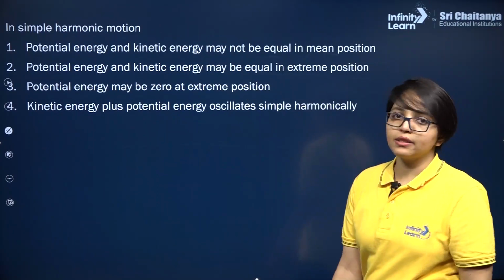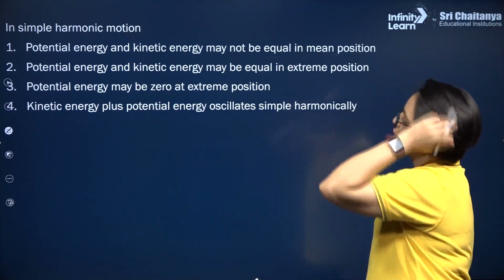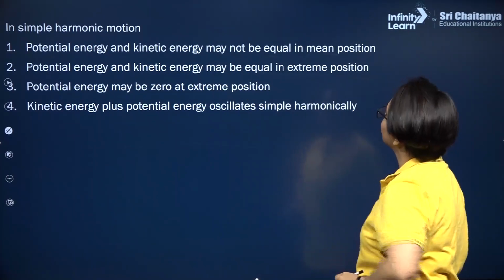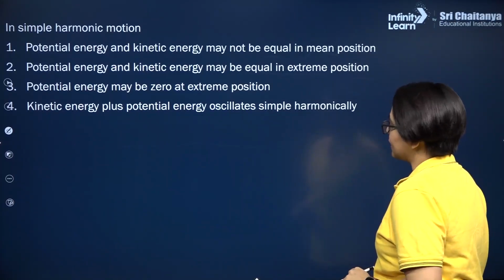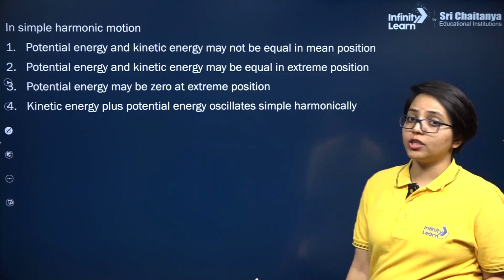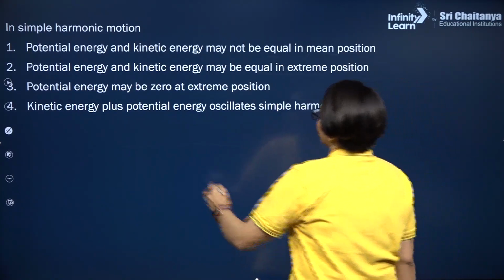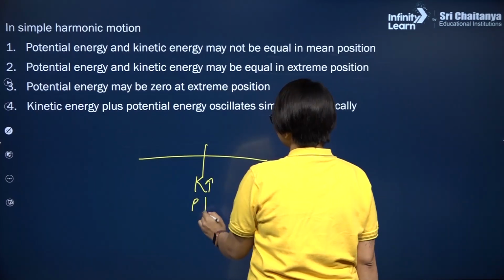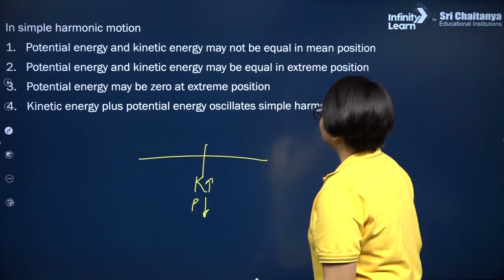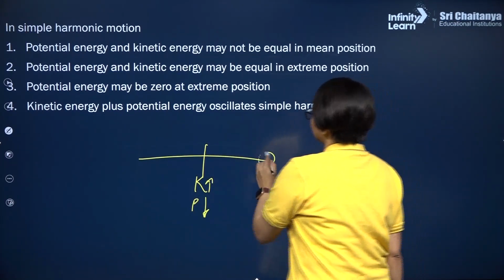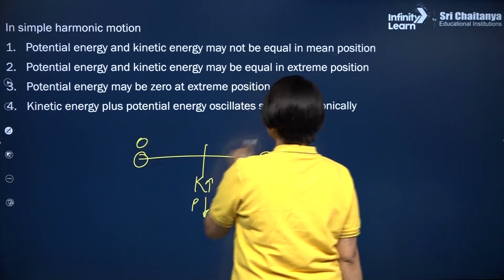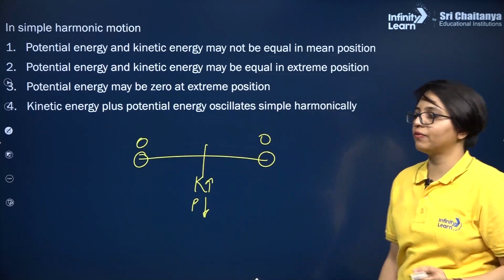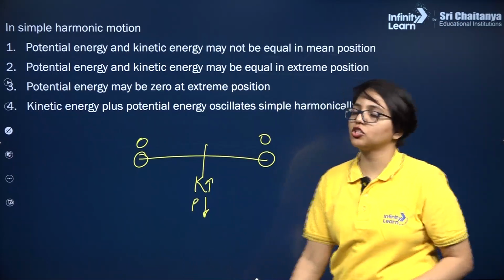Next is, in simple harmonic motion, potential energy and kinetic energy may not be equal in mean position. Yes, potential energy and kinetic energy may not be equal at mean position, right. Kinetic may be more, potential may be less. Potential energy and kinetic energy may be equal in extreme position. Yes, over here potential and kinetic both can be 0 if we have negative potential energy at mean position.